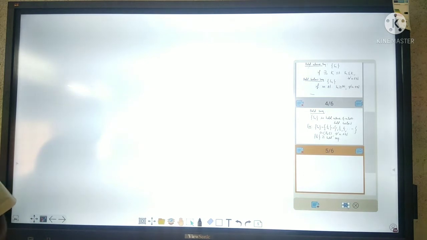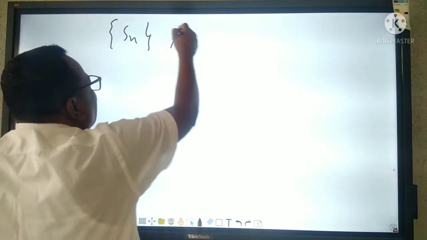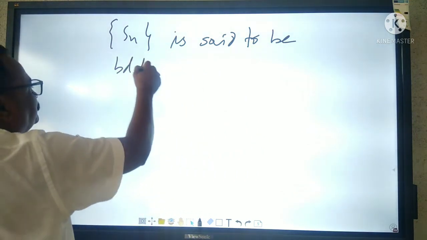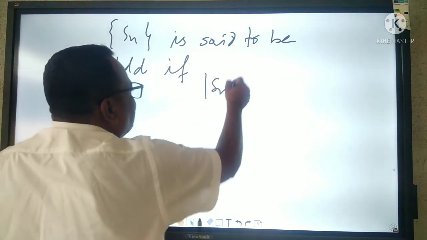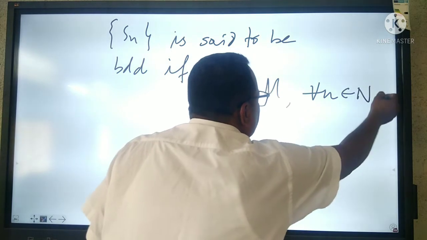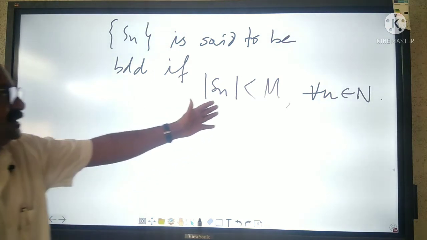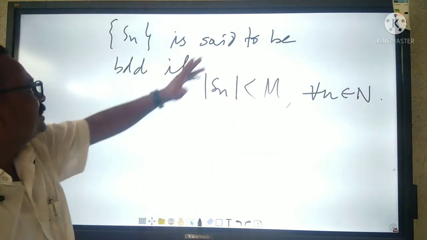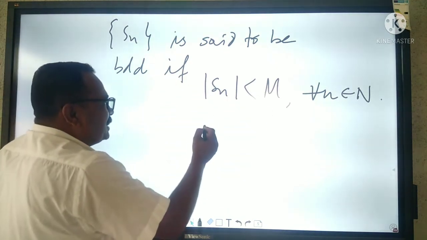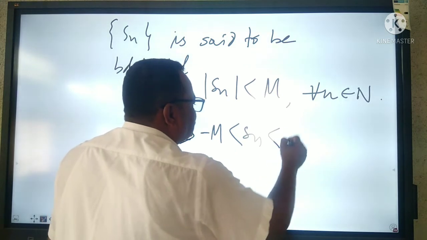One more definition: a sequence Sn is said to be bounded if the modulus of Sn is less than some number m, for all n belongs to N. The meaning of modulus of Sn less than m is that Sn is greater than minus m and less than small m.